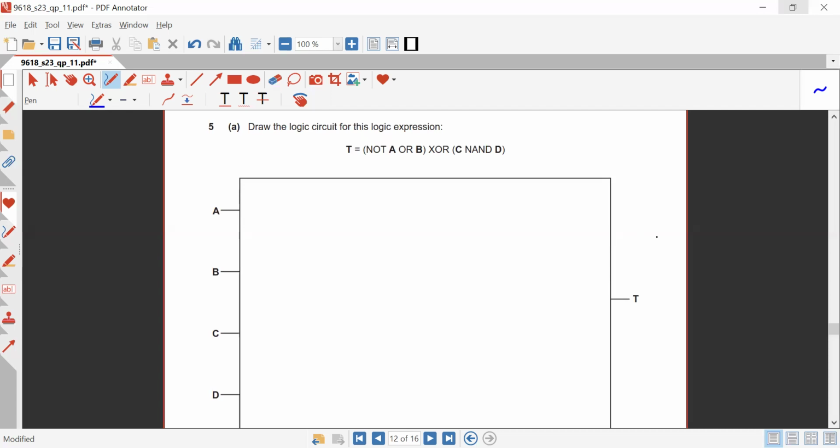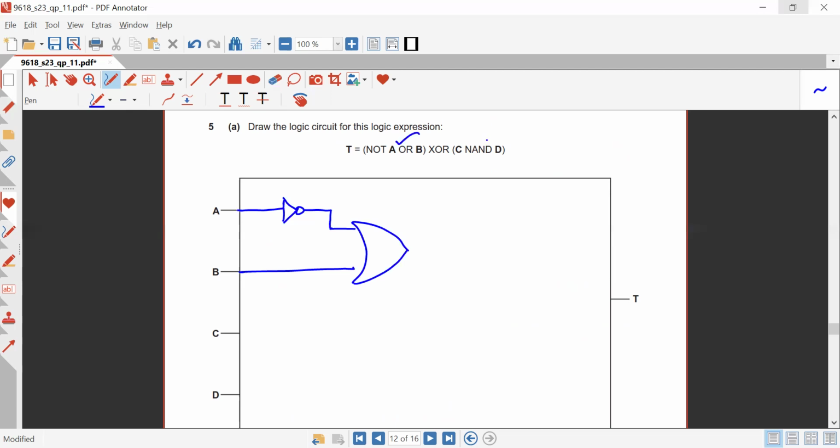First, NOT A, so we apply a NOT gate over A. The output from this NOT goes into the OR gate, and the other input for the OR comes from B. One statement is done.